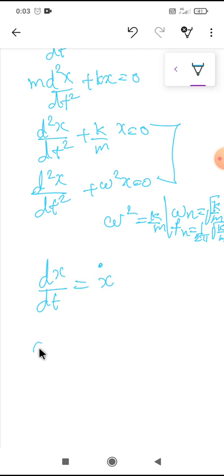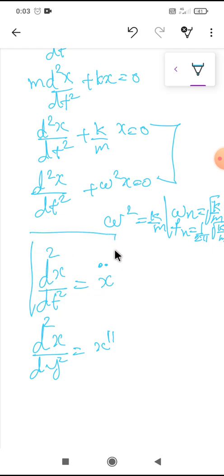If any term is a derivative of space, we call it x dash. Similarly, a second derivative is x double dot, and a second derivative of space is x double dash. I will use this notation again and again, so remember that d square x by dt square is x double dot.